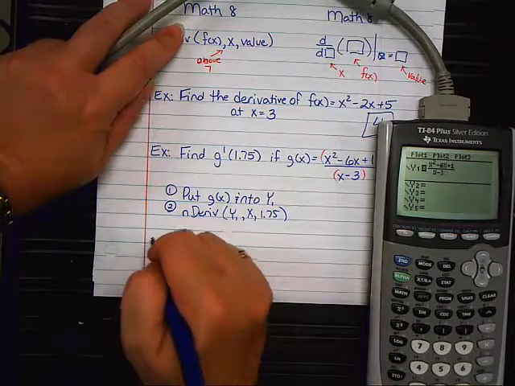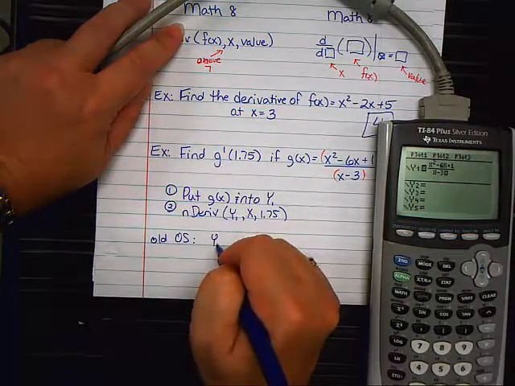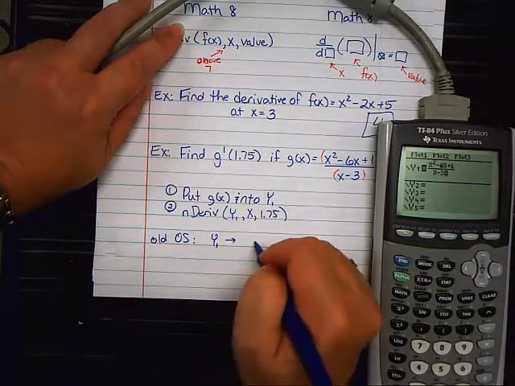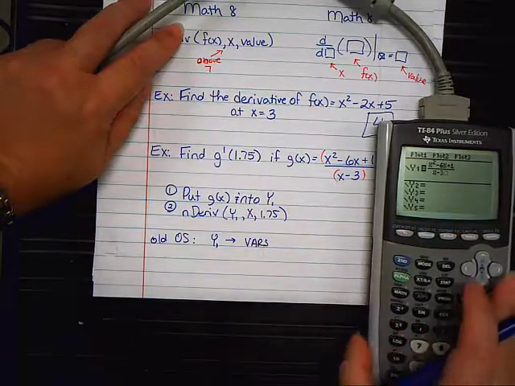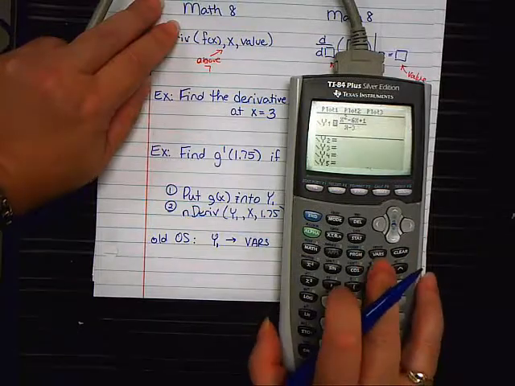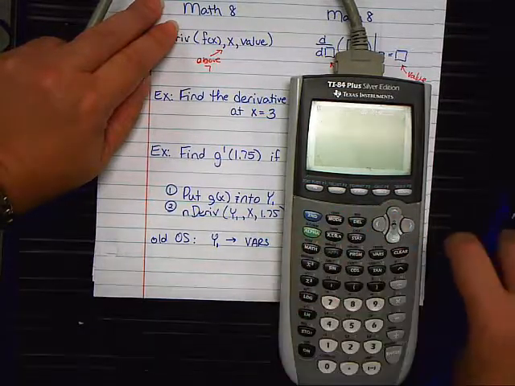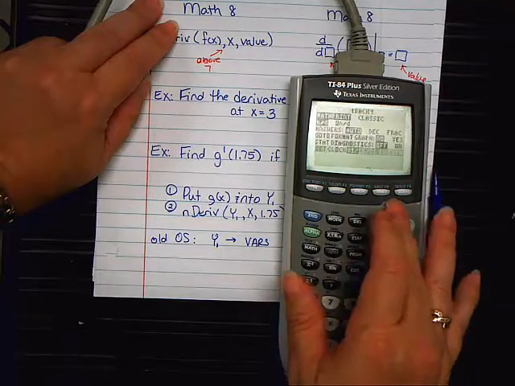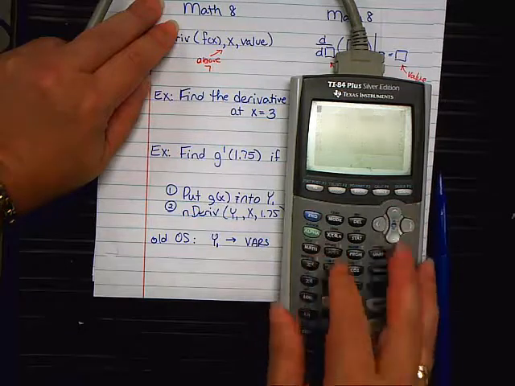So, for the old OS, y1 is found by doing the following. You're going to push the vars key, which is right here. And I need to get out of here. Hang on just a minute while I do this. And do my second quit, math 8.